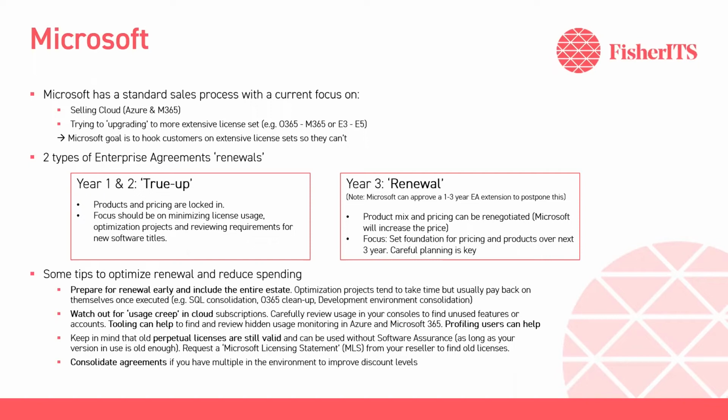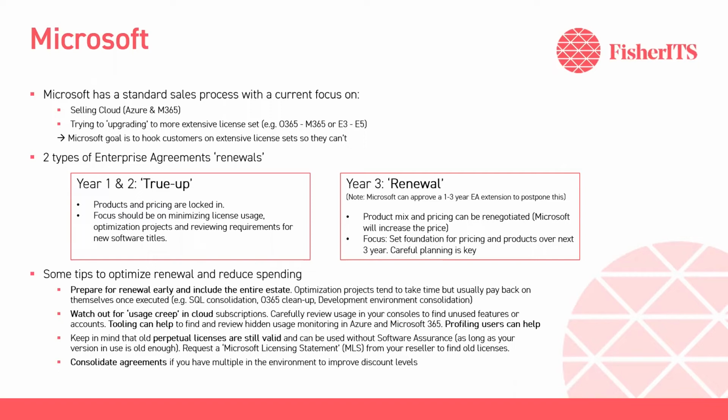Some of the common ones that we've recommended are, one, SQL Server. It's usually spread out across the business, so making sure you know exactly where they are, consolidating them, and figuring out the optimal setup can really help. Office 365, we'll talk about in the next point, but it is such an easy thing to add users, accounts, and things in Office 365, but very rarely is it properly cleaned up.